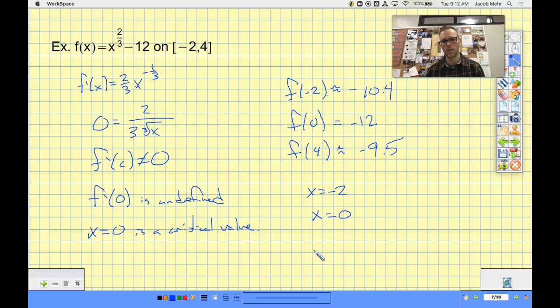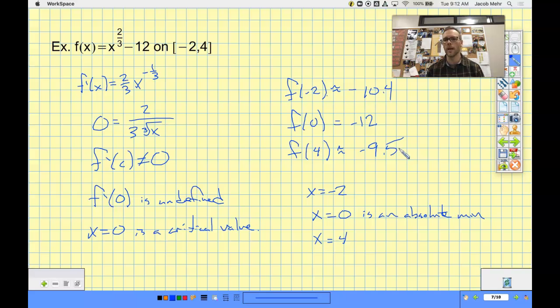So what does that tell us about each of these x values when it comes to extrema? Negative 10.4 down to negative 12, up to negative 9.5. Negative 12 has got to be the lowest point on the graph. So x equals 0 is an absolute minimum. Negative 10.4 and 9.5 are maximums.